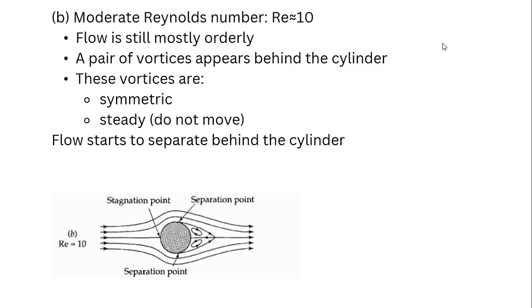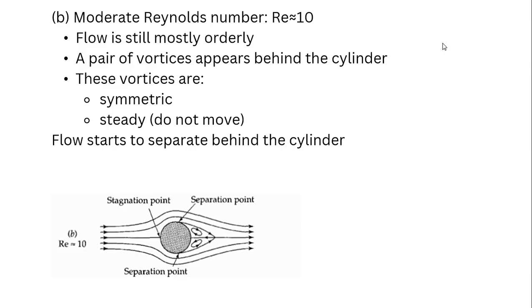Let's take the second one, moderate Reynolds numbers, like Reynolds number 10 over here. Here the flow is still mostly orderly, in a symmetric pattern. A pair of vortices appear behind the cylinder, as you can see in the figure.